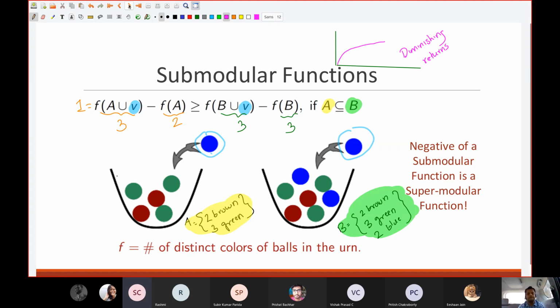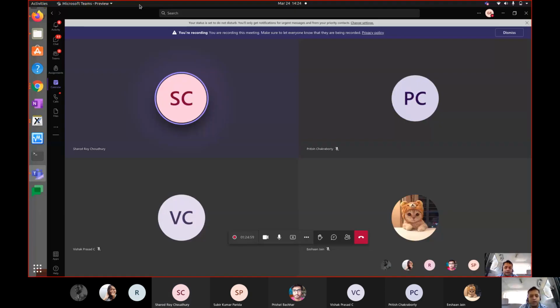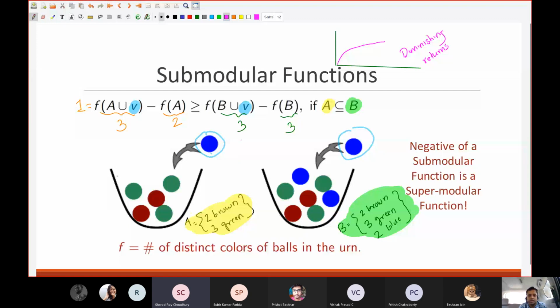So the functions that show diminishing returns in this form are called submodular functions. Exactly.